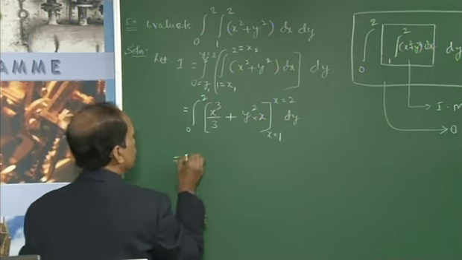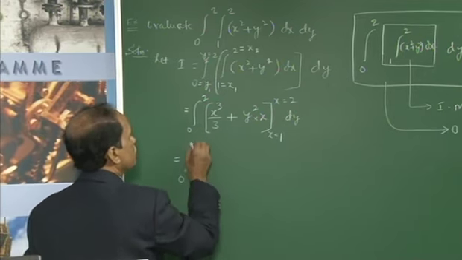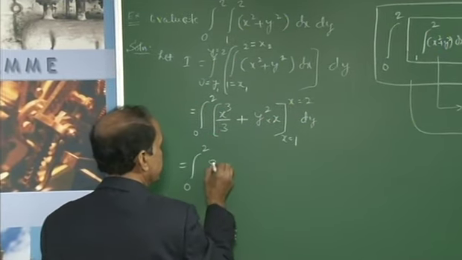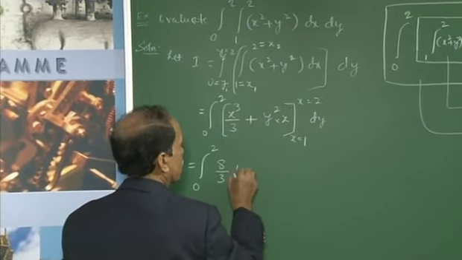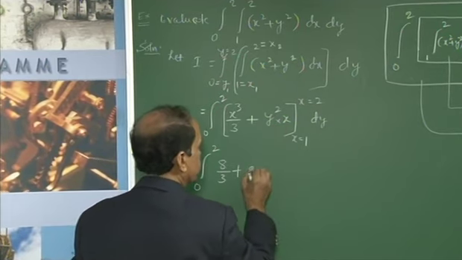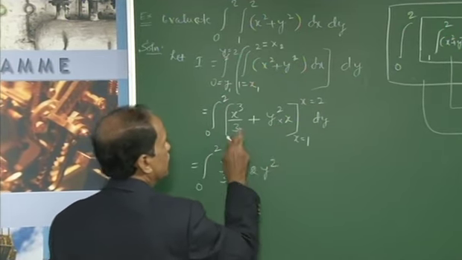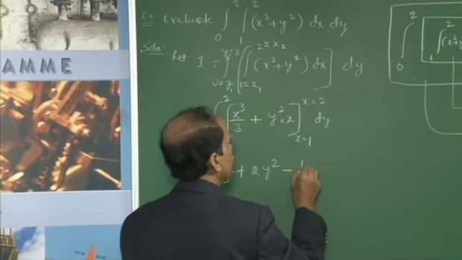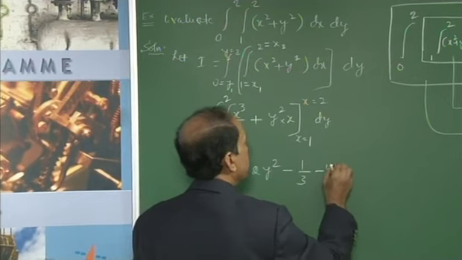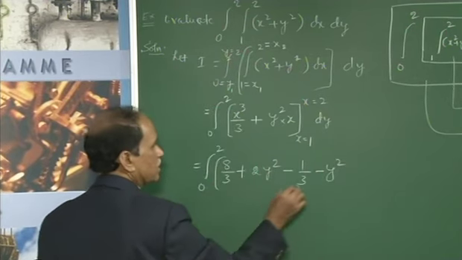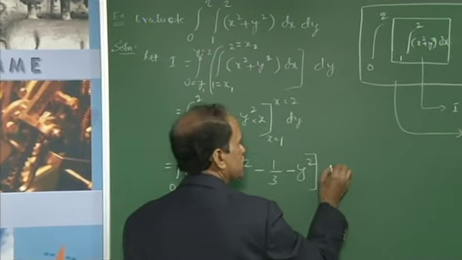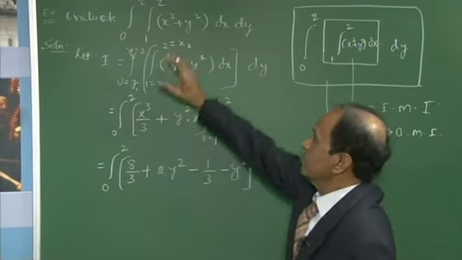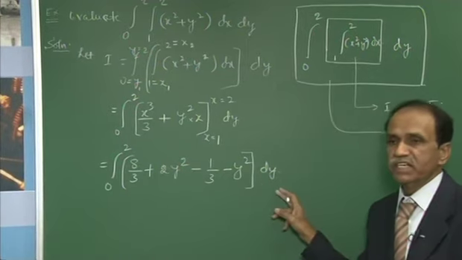Therefore, this is 0 to 2, then put x equal to 2 here, that is 8 by 3 plus 2y square, and when you are applying the lower limit, minus sign you have to assign, that should be 1 by 3 minus y square, close the bracket, and then it is dy. Here the double integral is reduced to the single integral.